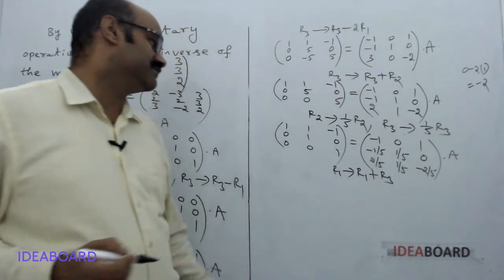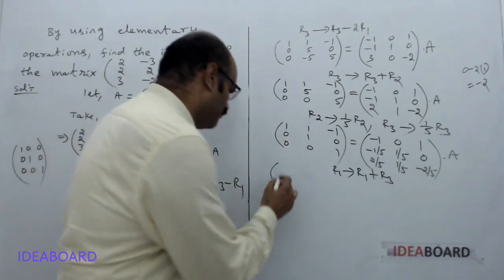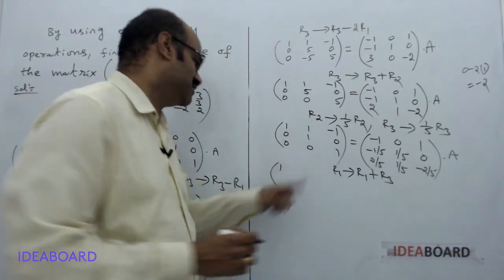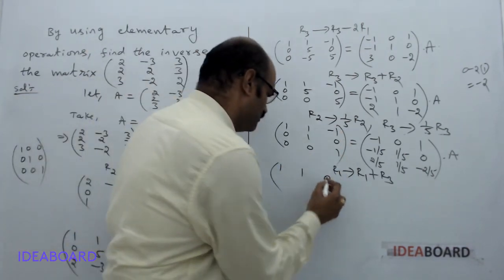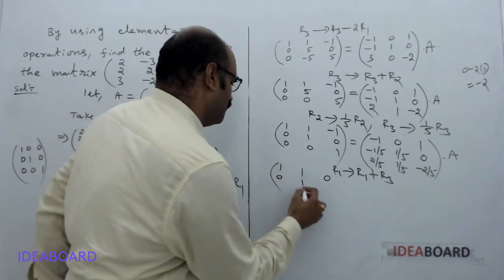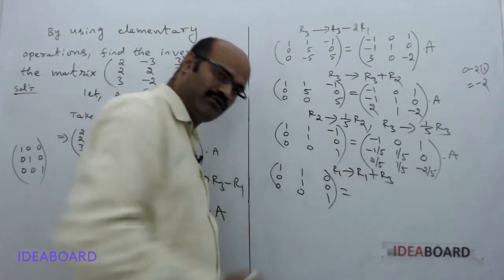Then it becomes 1 plus 0, 1. No. 1 plus 0, 1. Minus 1 plus 1, 0. Next 0, 1, 0, 0, 0, 1.